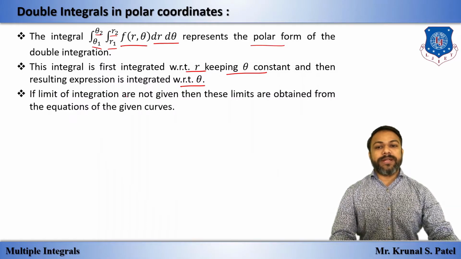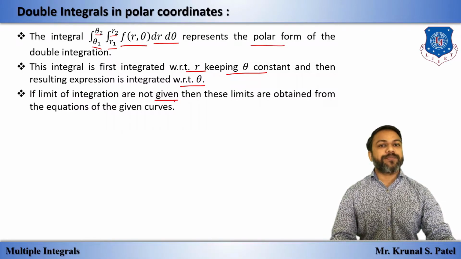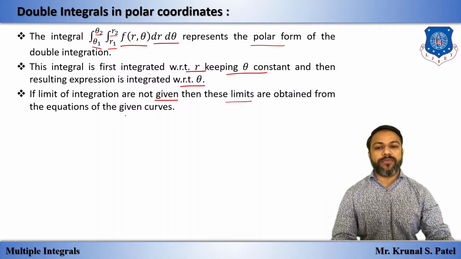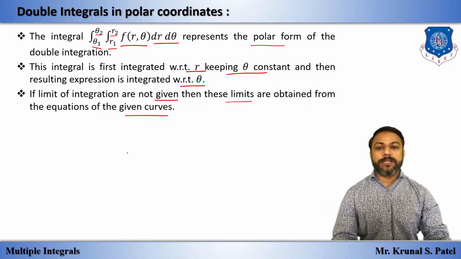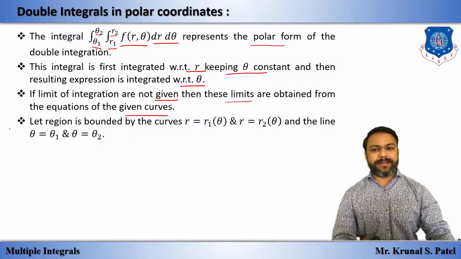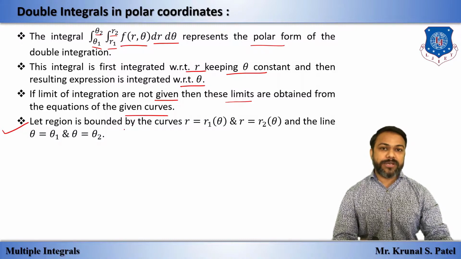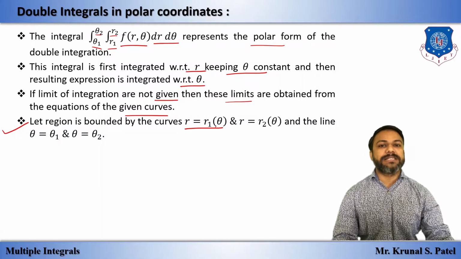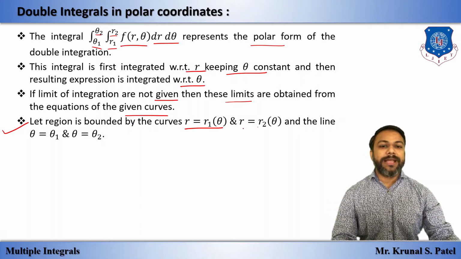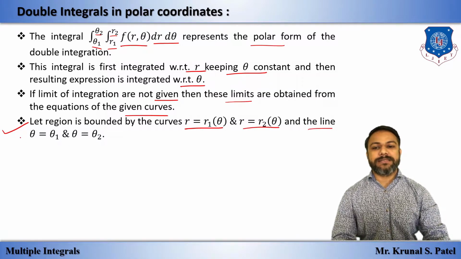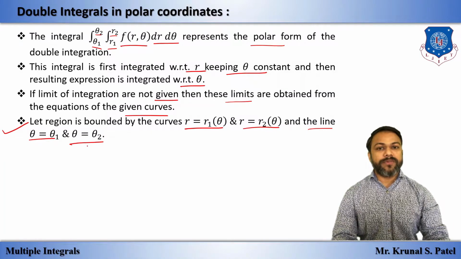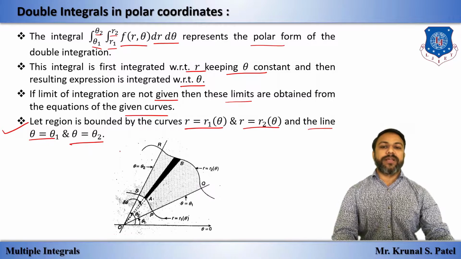If the limits of integration are not given, then these limits are obtained from the equations of the given curves. This is the most important point. Let the region be bounded by the curves r equal to r1 of theta and r equal to r2 of theta, and the lines theta equal to theta 1 and theta equal to theta 2, as shown in this figure.